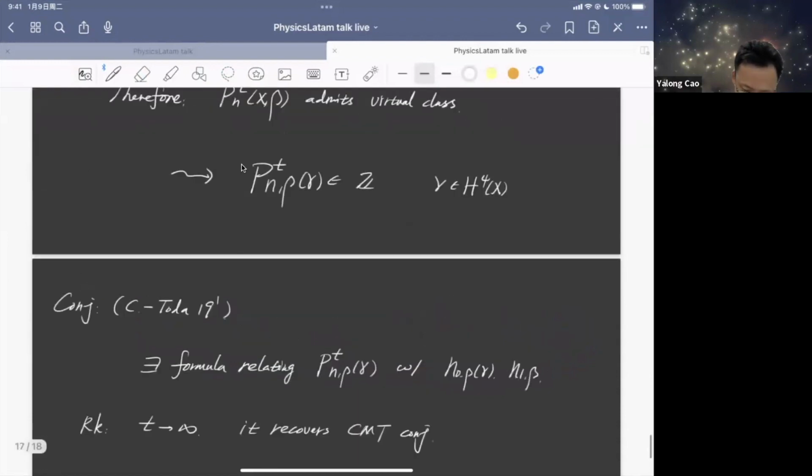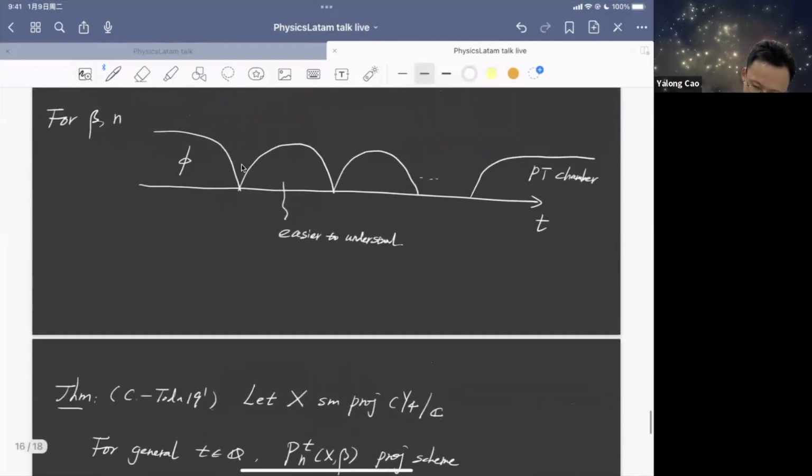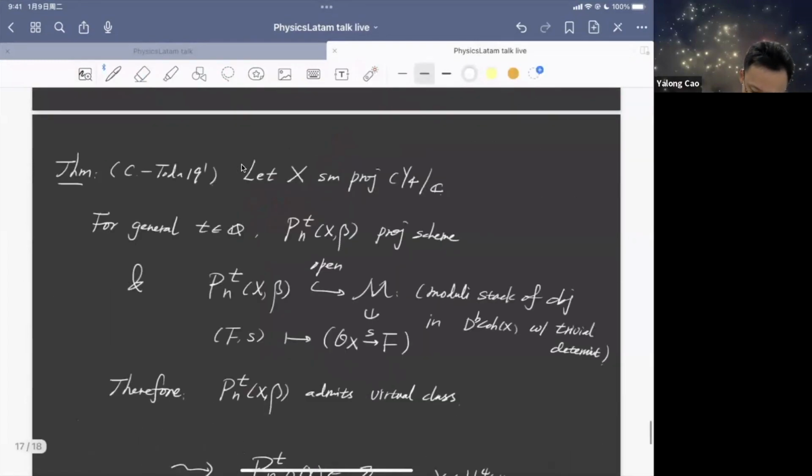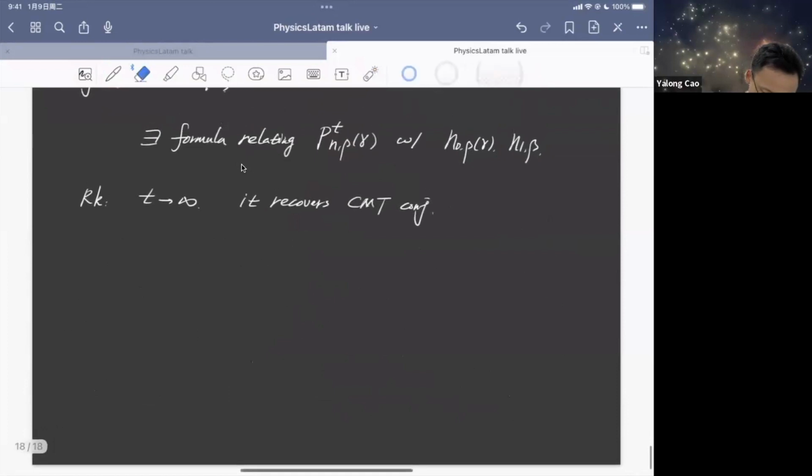Now, as I said, it should be easier to work in directly here. But here are some mathematical results verifying these conjectures.